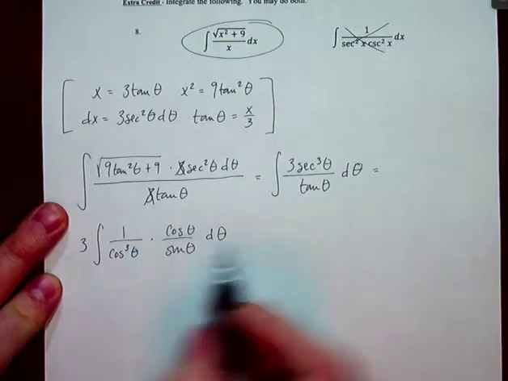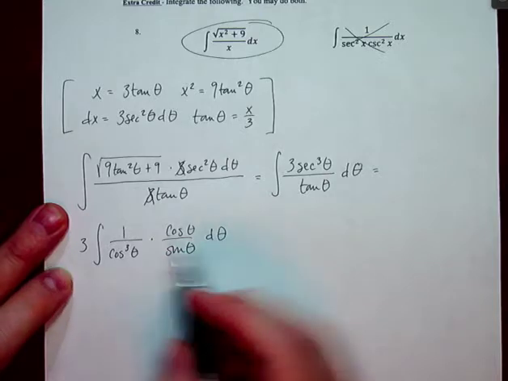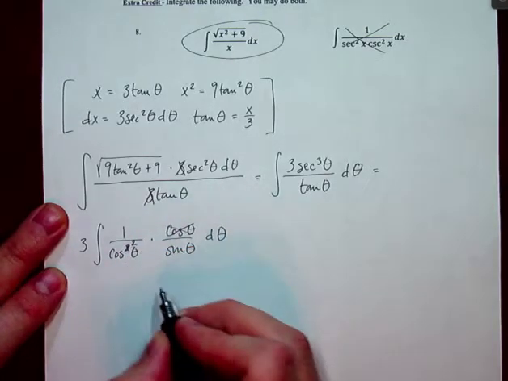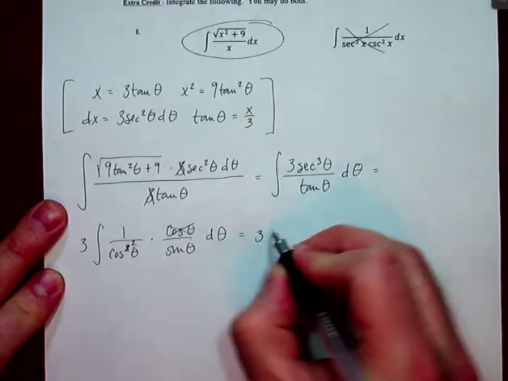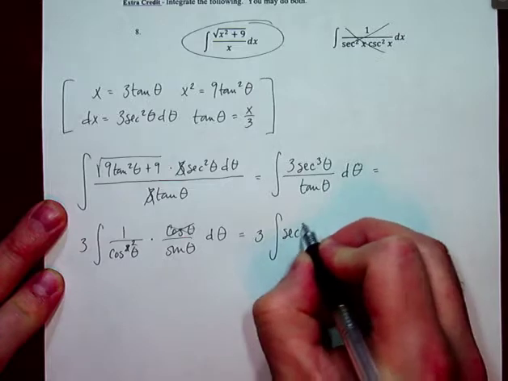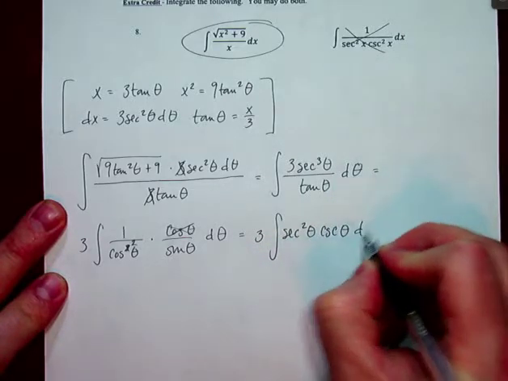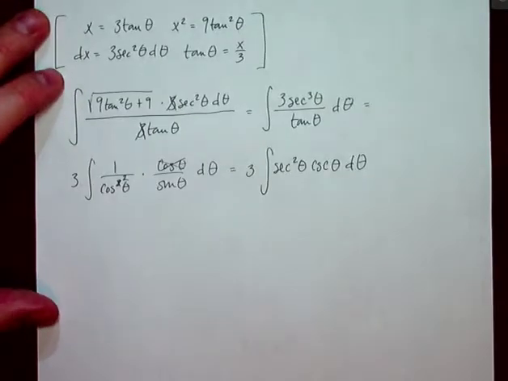Now, I'm dividing by sine over cosine, so it's the same as multiplying by cosine over sine. This cosine cancels with one of those, leaves that as cosine squared, and this becomes 3 secant squared theta cosecant theta d theta.